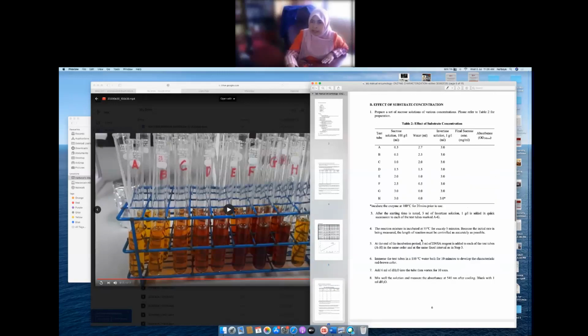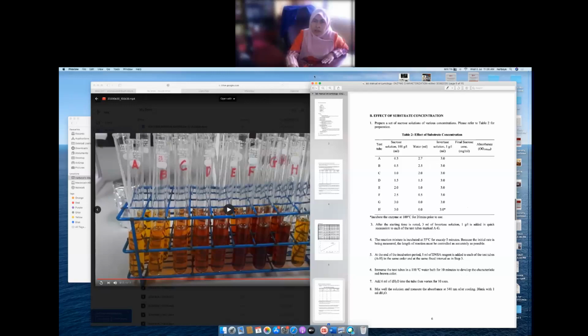How do we get the relative activity? For this one, we know that you will get the unit per mil. For the last one, you will have, for example, 3 unit per mil. Just convert this using the standard, then you will get the activity.